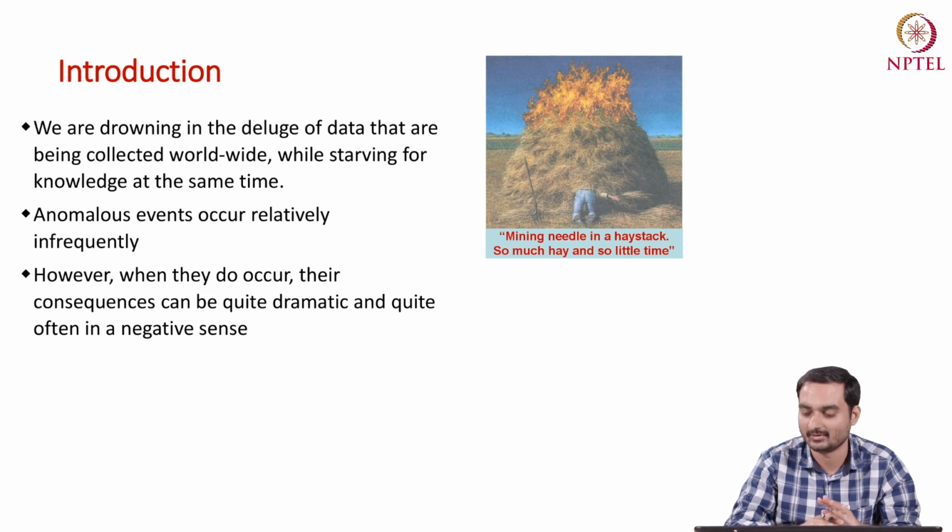You have a huge population, and from this massive population your task could be to spot bad users, bad actors, inorganic activities, fraud activities, in a systematic manner. There are multiple challenges associated with anomaly detection that we will discuss in the later part of these slides.